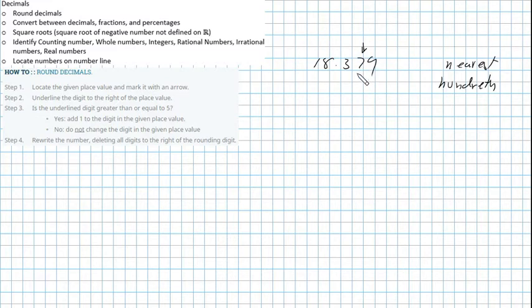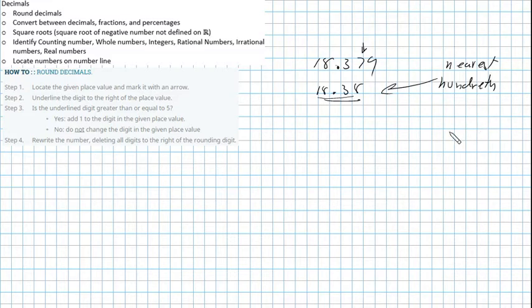This is the hundredth place, and you look at the number after it and you say, well, if this digit is 5 or greater, then I'm going to increase this number by 1. If this is less than 5, I'm going to leave it as is. So here, obviously, this is greater than 5, so this is increased by 1, so that becomes 18.38, and then all the digits after this I ignore.